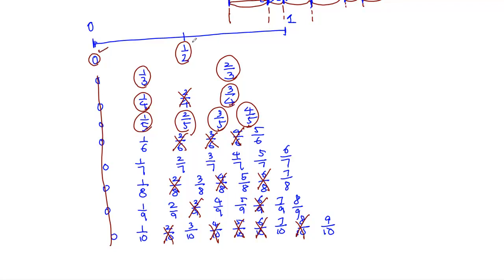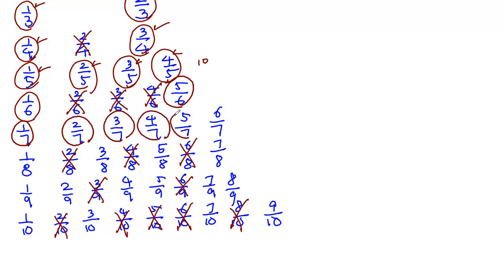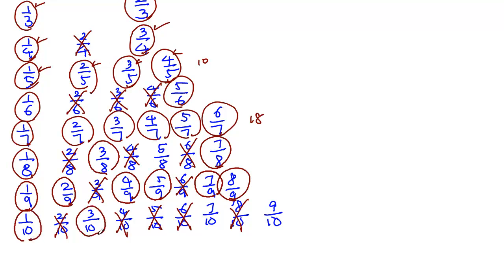We already got 1, 2, 3, 4, 5, 6, 7, 8, 9, 10, 11, 12, 13, 14, 15, 16, 17, 18, 19, 20, 21, 22, 23, 24, 25, 26, 27, 28, 29, 30, 31, but there is no answer 31.